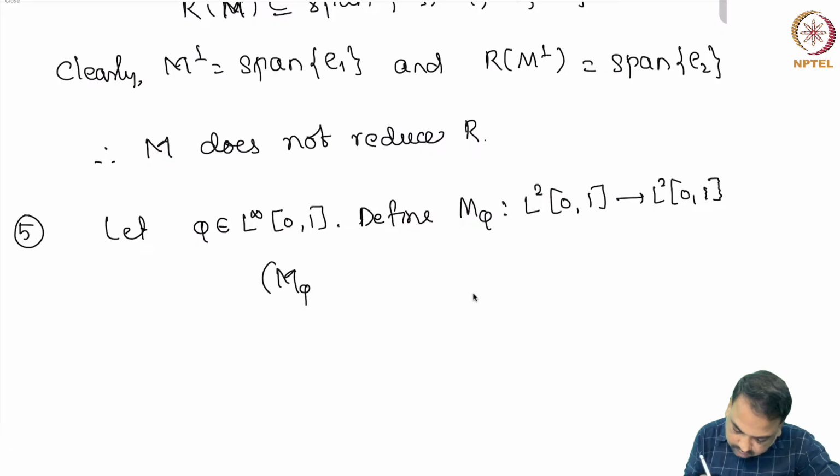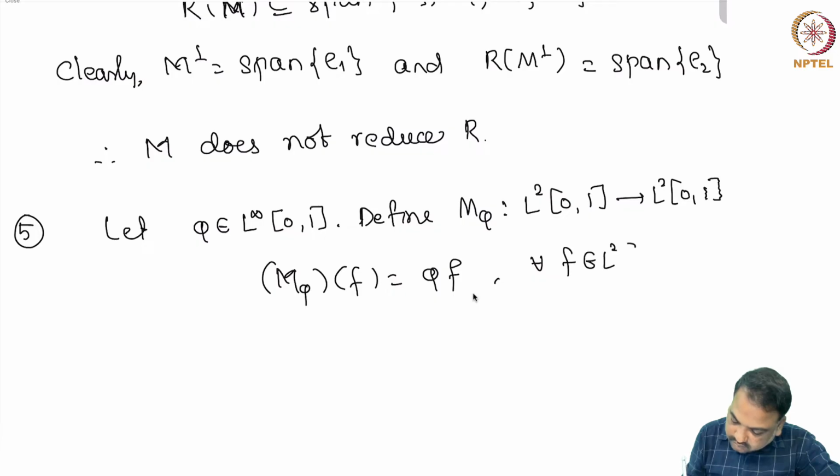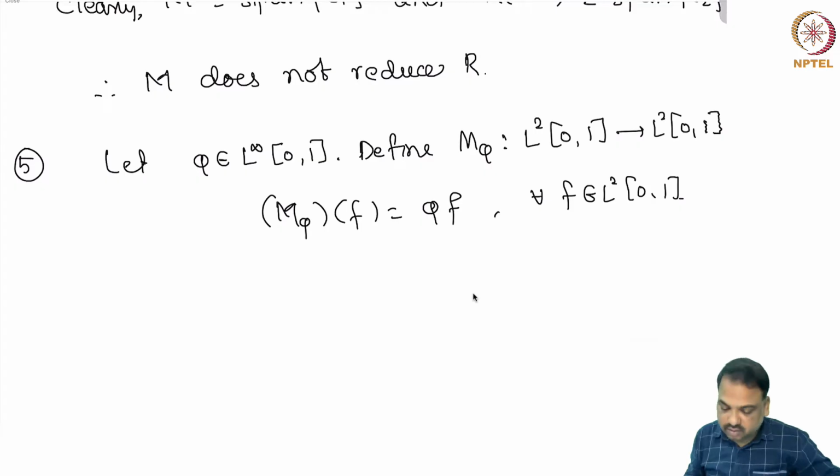M_φ at f, we are writing as φf for every f in L2[0,1]. So we know that it's a bounded linear operator and it's also normal.